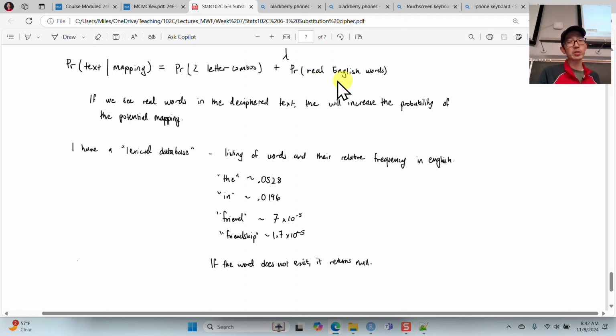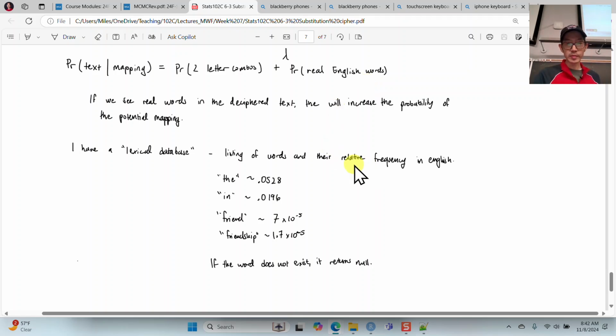So what we also want to do is say the probability of our text given some kind of mapping. We're going to get the probability of those two-letter combinations, but we also want to bring in the probability of real English words.